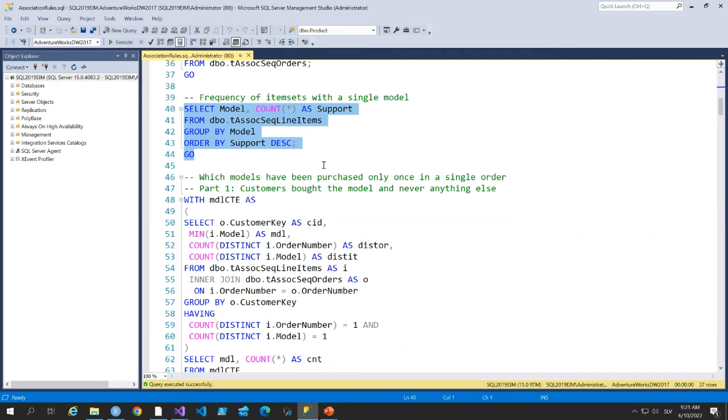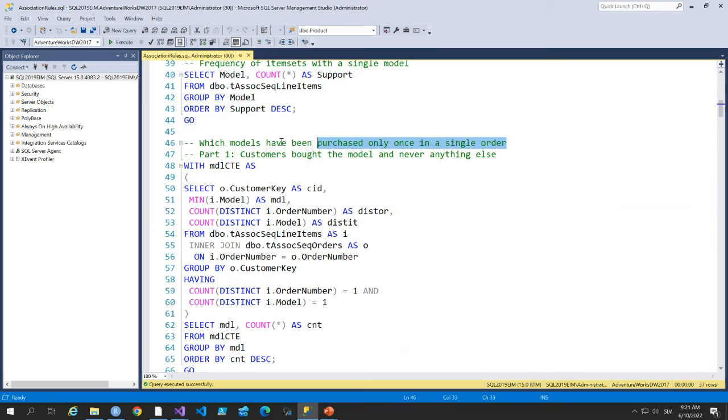Now I will go to the negative part first. So I will try to find which models have been purchased only once in a single order. It means customers came to our website, purchased this model, and never returned and never purchased anything else.